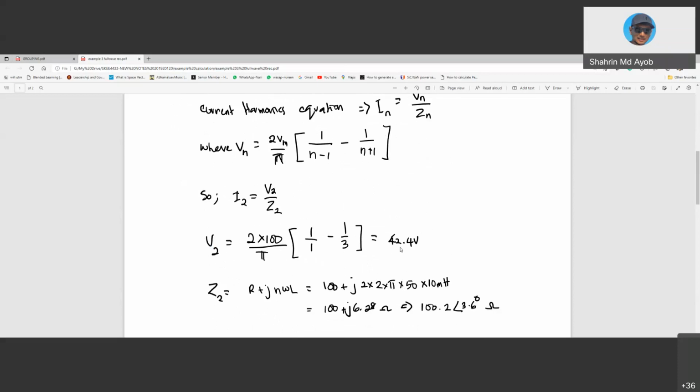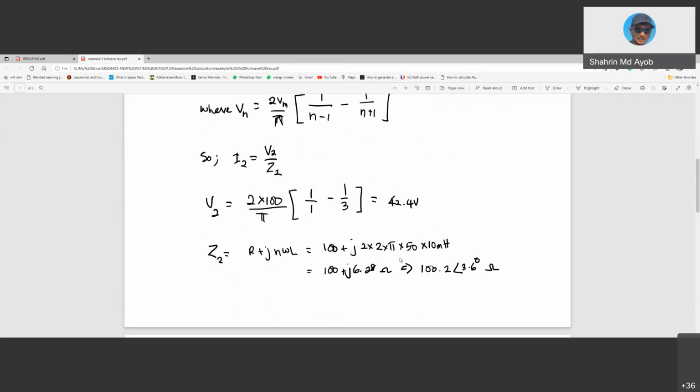For the impedance associated with harmonic number 2, you can use your calculator directly with complex numbers, and convert into rectangular form. Please be careful that you may miss this n, so make sure you insert n here. So n omega L, where n is 2, so 2 multiplied with 2 pi f.